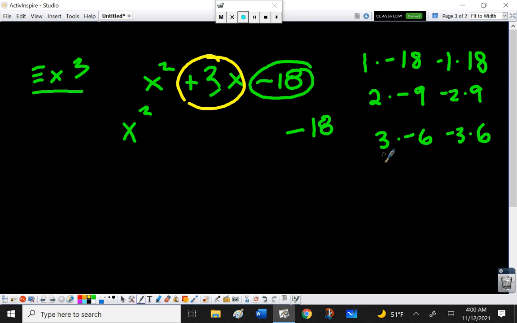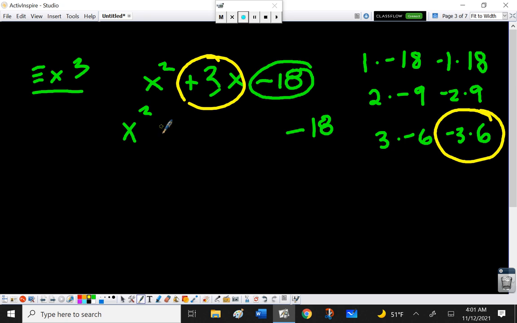So, ladies and gentlemen, put in your calculator 3 minus 6, and then negative 3 plus 6. One of these is going to give you positive 3. It turns out that negative 3 and positive 6 will add to give you positive 3, and when you multiply them, will give you negative 18.